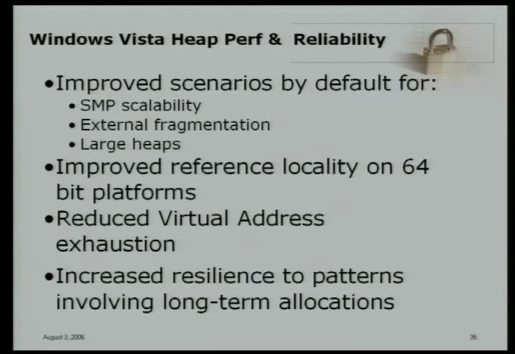It used to be this way only on low fragmentation heaps, starting with Windows 2003 Service Pack 1. And we resolved problems that were exhausting the virtual address space. We also increased resilience with a mixture of long-term and short-term allocations that may cause severe fragmentation. I'm going to show some graphics and some numbers on top of that.